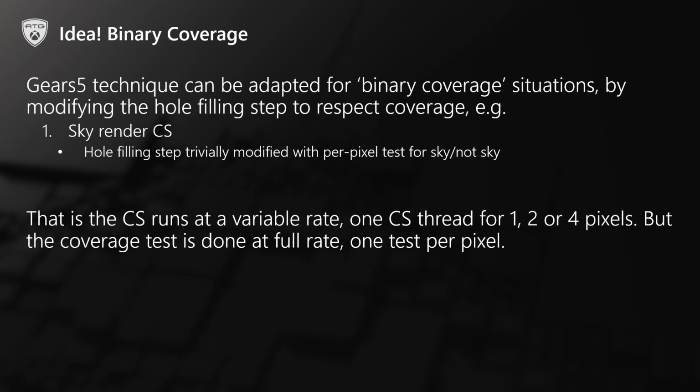You can then copy that result onto the render target, but you could do a simple check during hole filling to say, is this pixel sky or not? And if not, don't write the sky color. So this makes the technique more attractive. There are more uses.